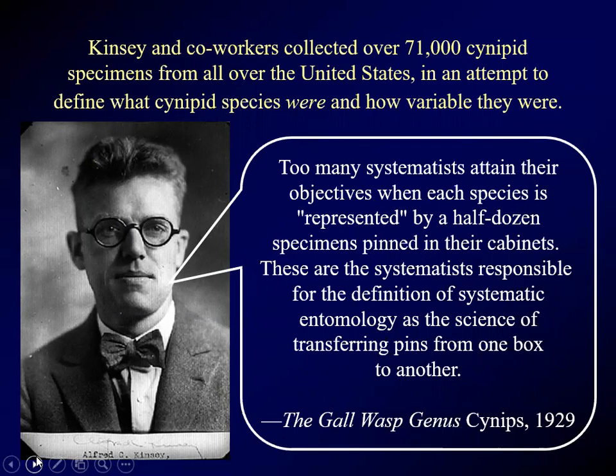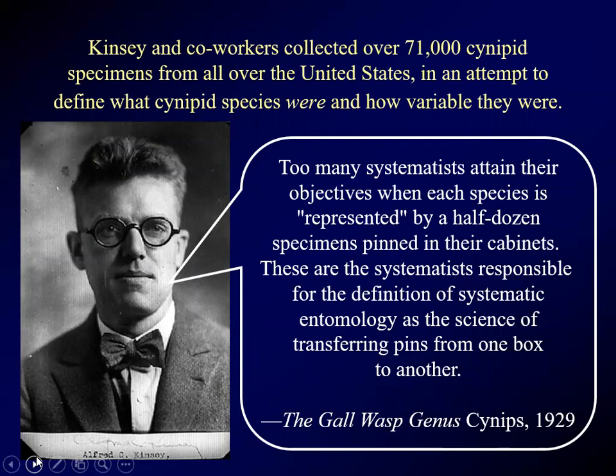As he pointed out, too many systematists, that's scientists who study classification, attain their objectives when each species is represented by a half dozen specimens pinned in their cabinets. Too many people would collect maybe 5 or 6 wasps, say, hey, these look different, let's call it a new species, and that's it.